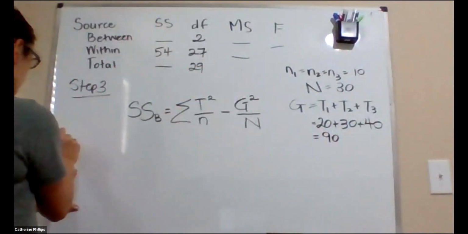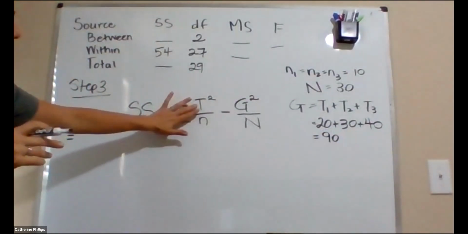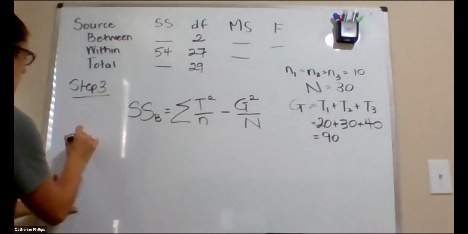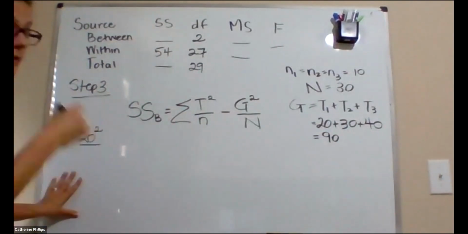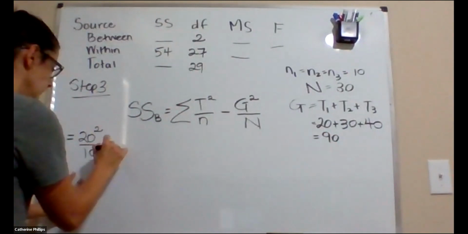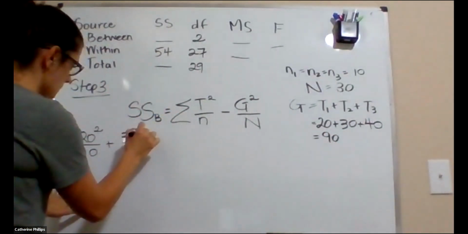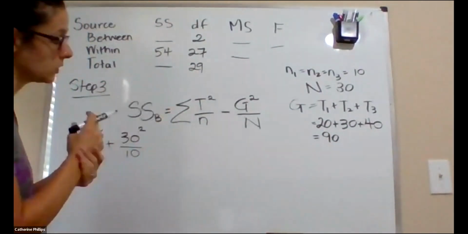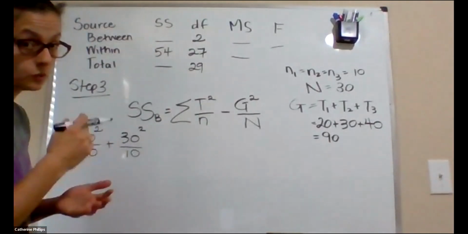And when I come back over here, what this tells me is take each T, square it, and divide by n. So 20 squared divided by the number of participants in group 1, which was 10. T2 was 30, squared, divided by the number of participants in group 2, which was 10.